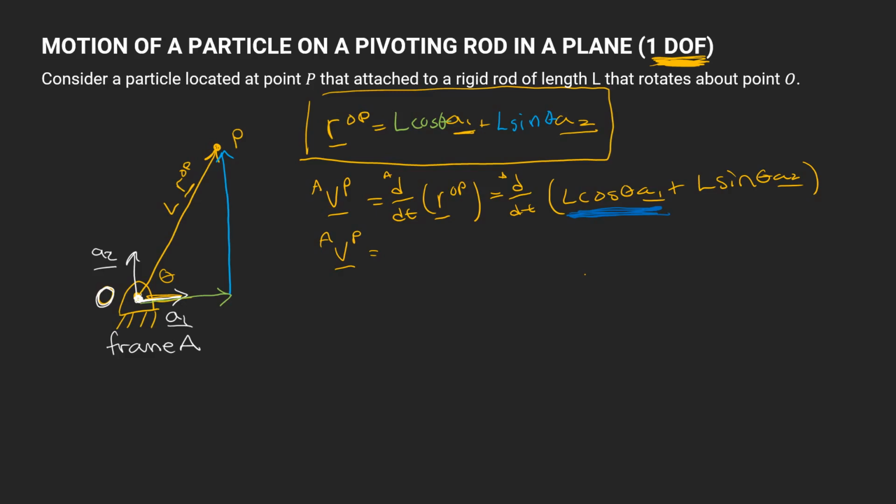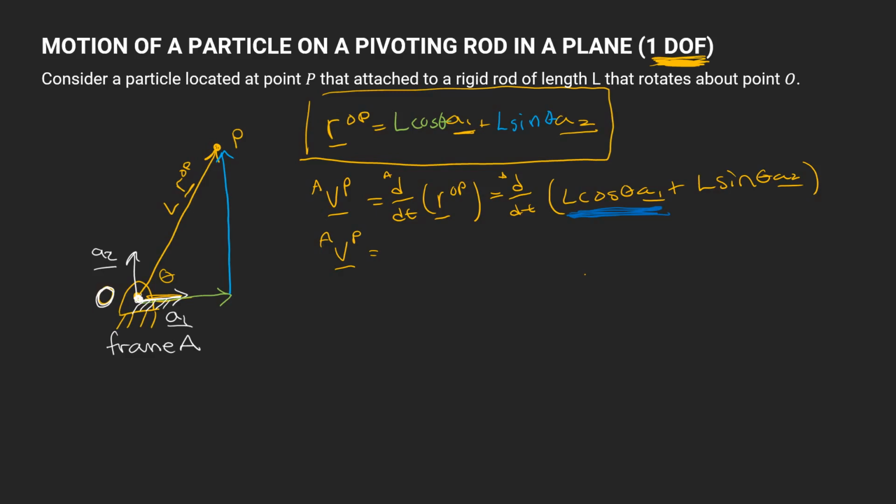In the last example, we called it R, but this distance varied with time, and therefore we had to consider its time derivative. However, in this example, L is constant, right? The length of that rigid rod doesn't change, so we can treat this variable as constant. Our reference frame A is again not moving.